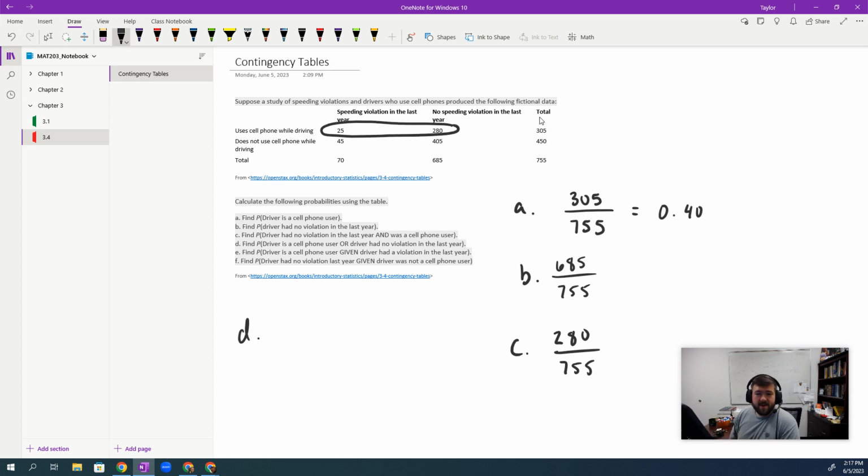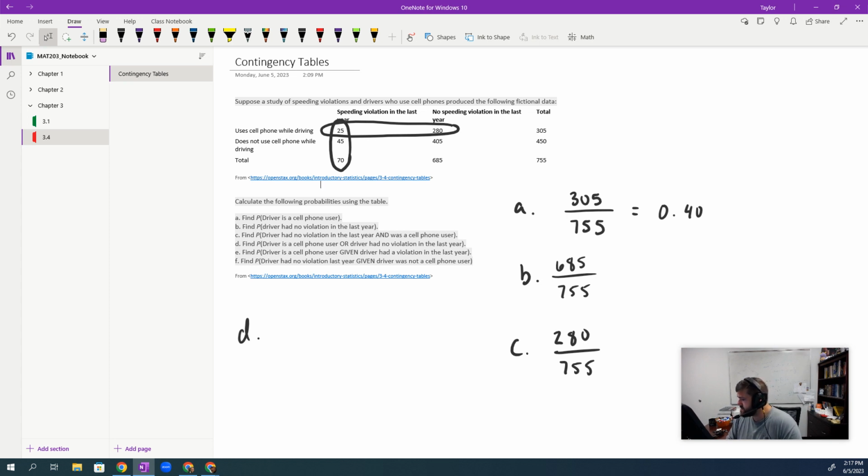And "or," remember, is the union. So we put stuff together, and it's driver had a violation in the last year. So that would be all of these. Now notice if I do that, I end up counting the 25 twice, right? We've double counted some people. That's no good. So let's make sure that we do it correctly.